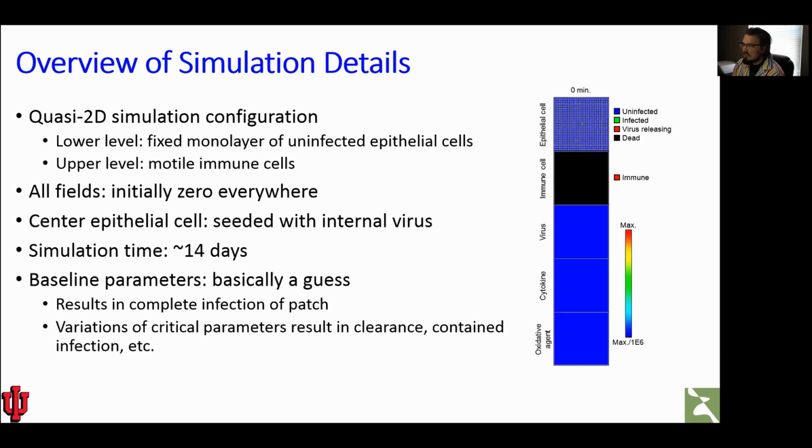We specifically looked for variations that would either drive the system towards widespread infection of the virus throughout the tissue, or in the opposite direction towards something like viral clearance or containment of infection.